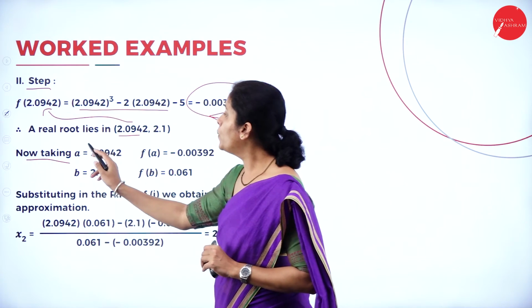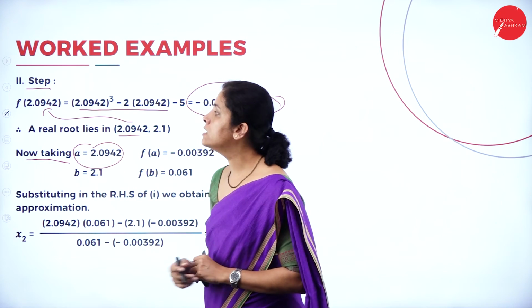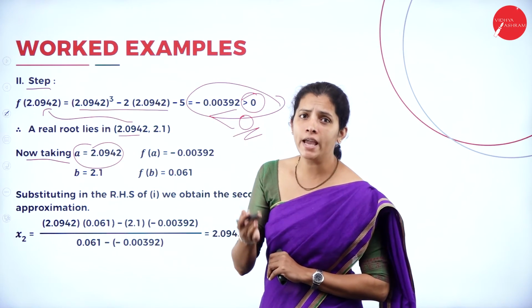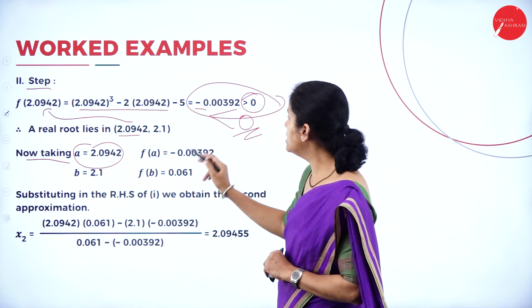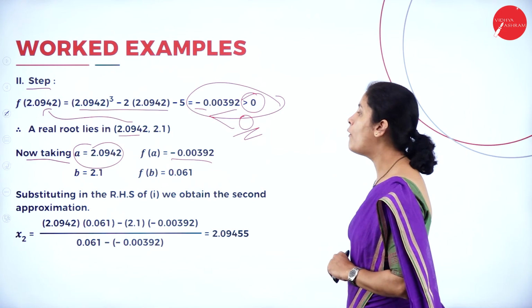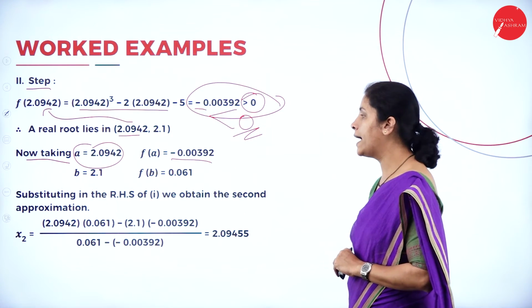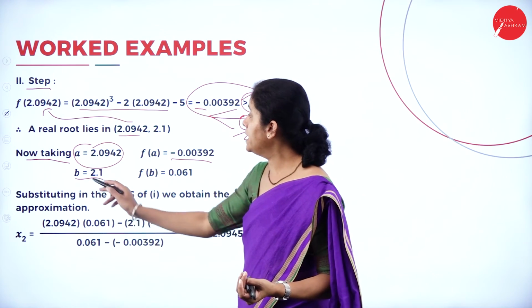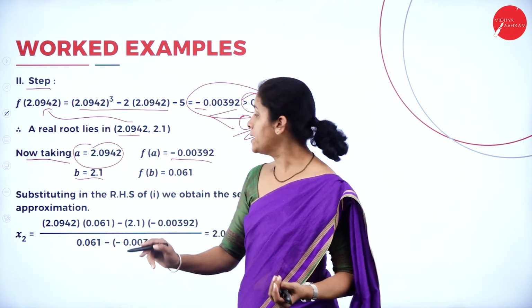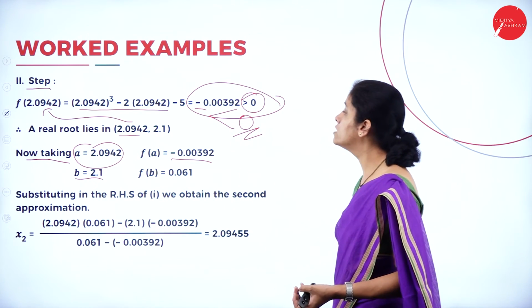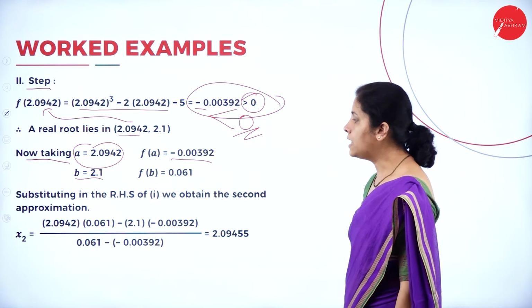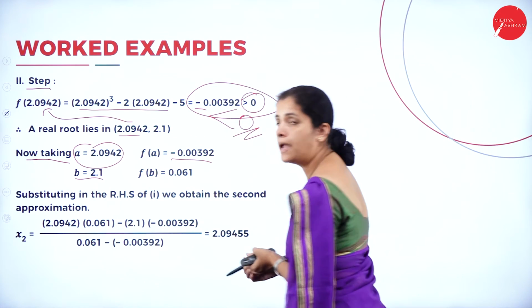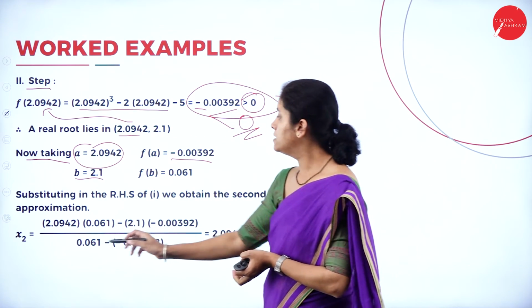Now see here, when A is 2.0942, what is f of A? F of A is -0.00392. What is the B value? That is my previous B value. So B is 2.1. What about f of B? That is 0.061. Now, what I'm going to do? I'm going to substitute this in my regular falsi formula.